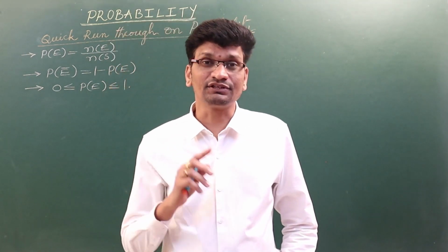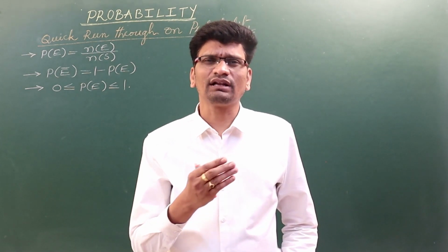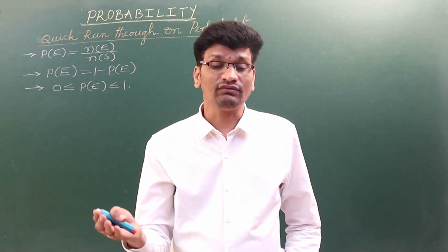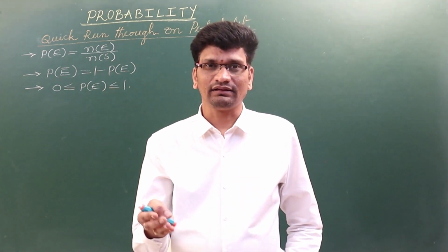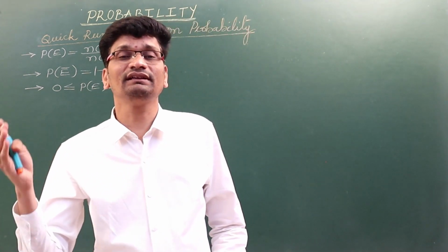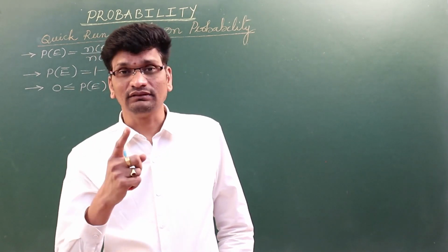A certain event means it should happen. When a die is rolled, either we will get 1 or 2 or 3 or 4 or 5 or 6. Any one of them should occur. Therefore, getting 1 or 2 or 3 or 4 or 5 or 6 is said to be the certain event. The probability of a certain event is 1.